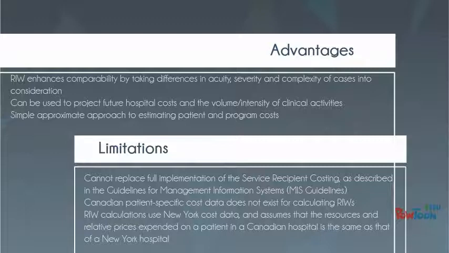Unfortunately, such data does not yet exist. The main limitation of RIWs is the use of New York cost data in the formulas, which assumes that the relative prices, quantities, and mix of resources expended on a patient in a Canadian hospital are approximately the same as those in a New York hospital.